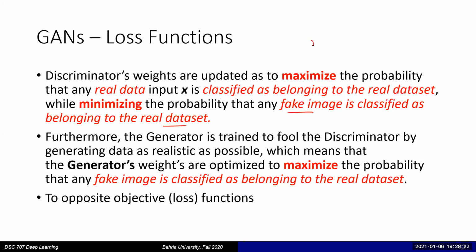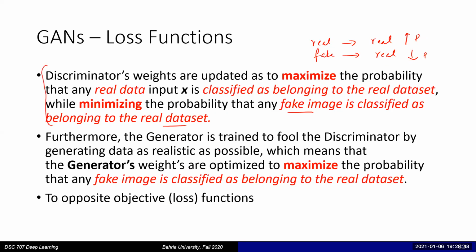So real should be categorized as real, we maximize this probability. And fake categorized as real, we have to minimize this probability. Fake should not be categorized as real. So this is the loss function of the discriminator.